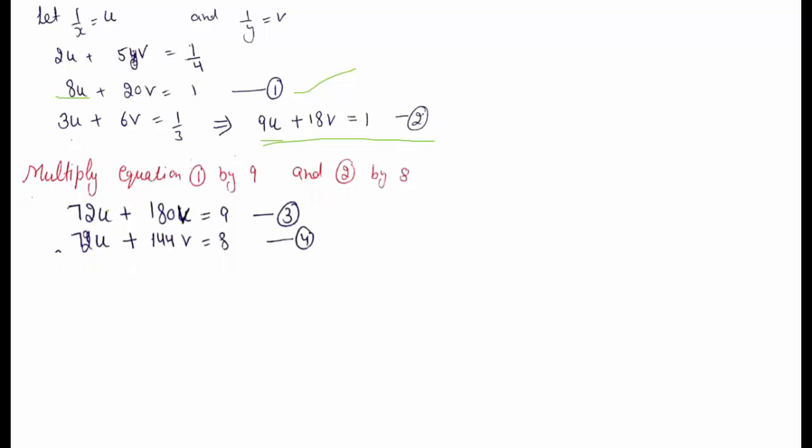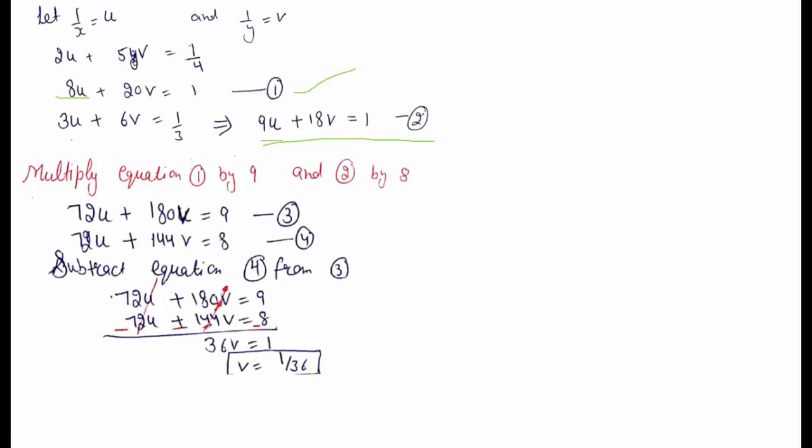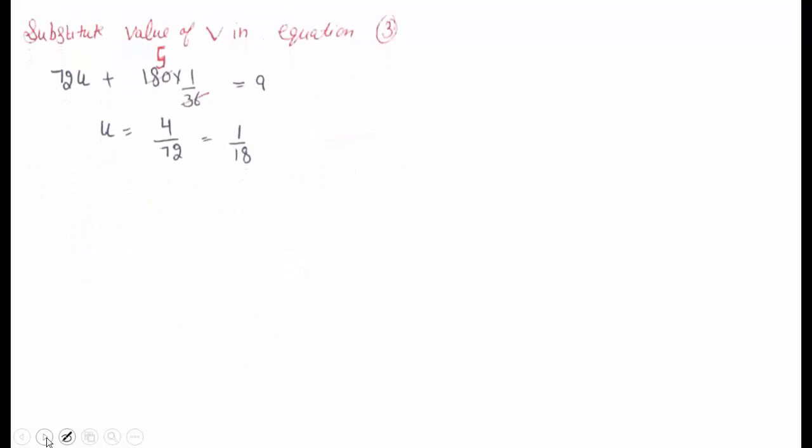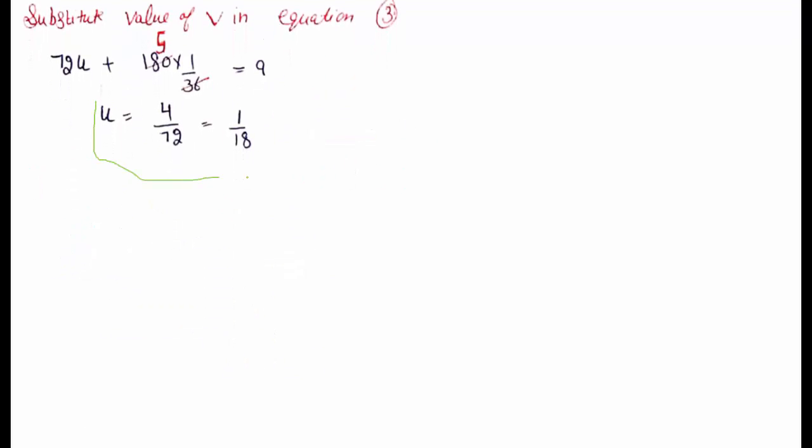This will become 72u plus 180v equals 9, and 72u plus 144v equals 8. Now subtracting the equations, we will get v equals 1 by 36. Substitute the value of v in either of the equations. You will get u equals 1 by 18.